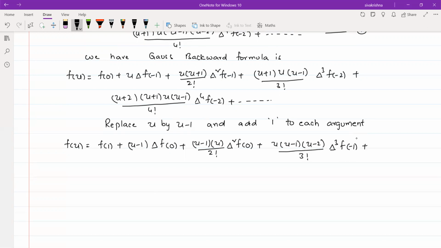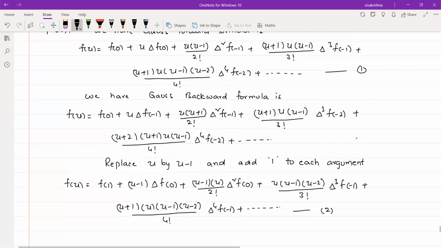Plus, coming to the last term, we get u minus 1 plus 2, so u plus 1 into u minus 1 plus 1, so u into u minus 1 into u minus 2 by 4 factorial into, and when we add 1 to the argument minus 2, we get f of minus 1 plus and so on. Now we treat this as equation number 2. So we have two equations.